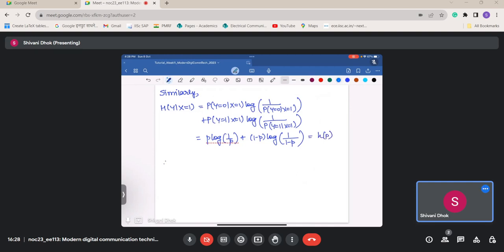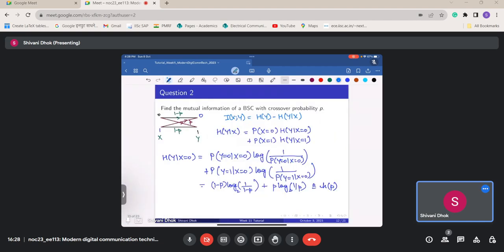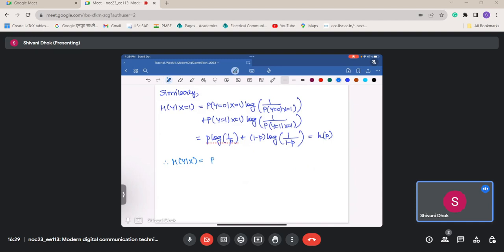Therefore H of Y given X is equal to probability that X equal to 0 into Hp plus probability that X equal to 1 into Hp, and so we can take out this Hp common. So we have probability that X equal to 0 plus probability that X equal to 1. Now we know that X has only two possibilities, which means that this quantity will be equal to 1.